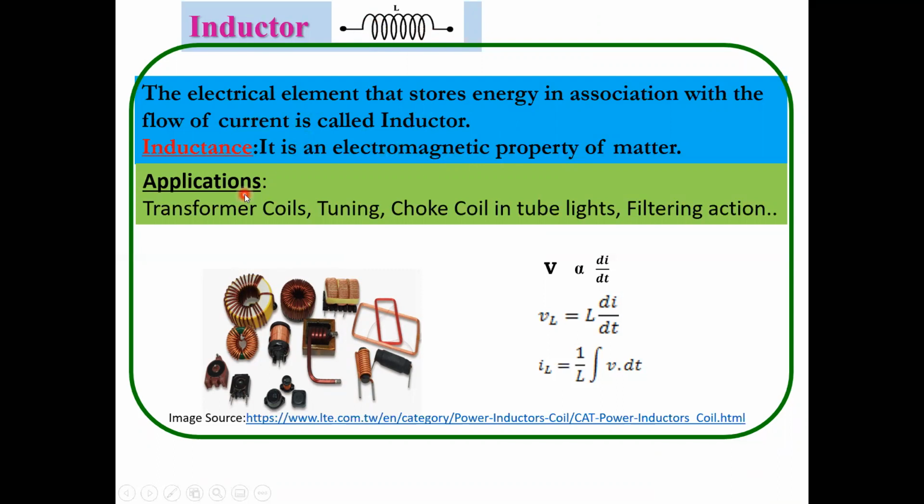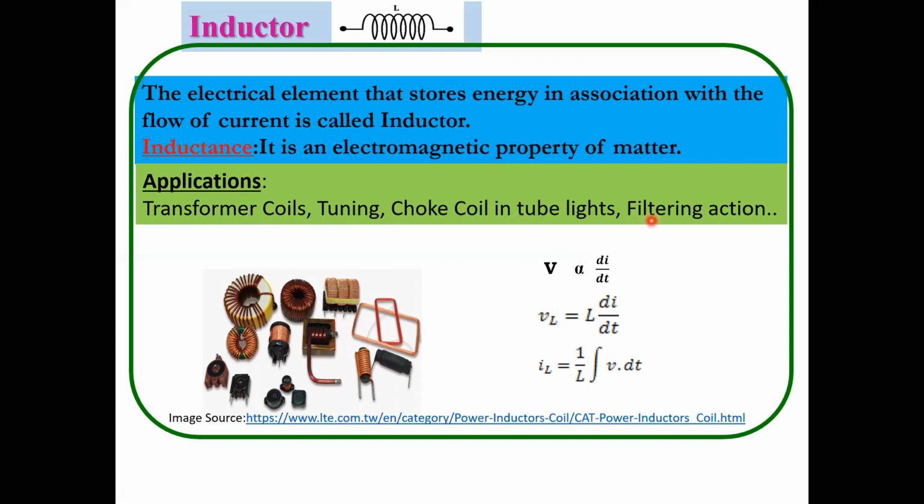And where can we use it? Inductors and coils are used in transformers and for tuning purposes. In olden days we used them in radios, and also in choke coils, in tube lights, in order to rectify high currents. We can use them in choke coils, and also in filtering action.